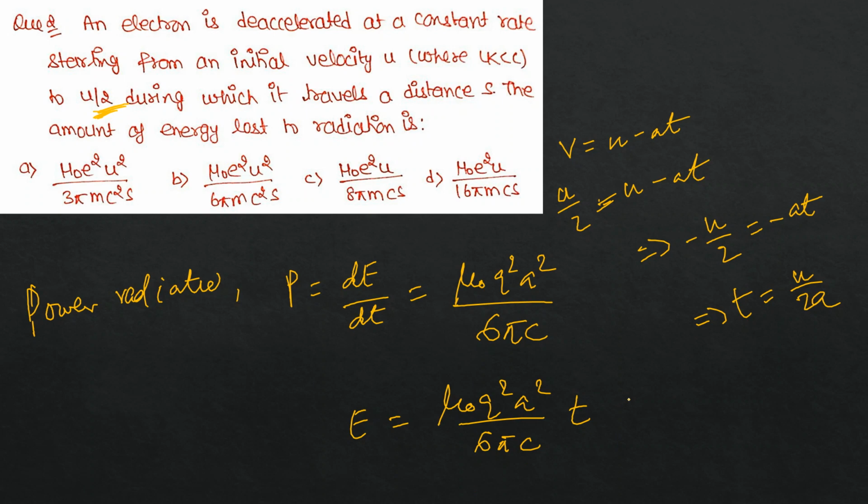So put it here. Mu naught q square a square by 6 pi c times u by 2a. Now if you simplify it, it becomes mu naught q square a into u by 12 pi c.